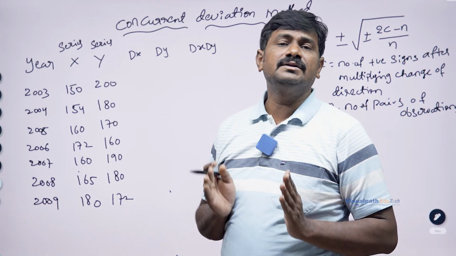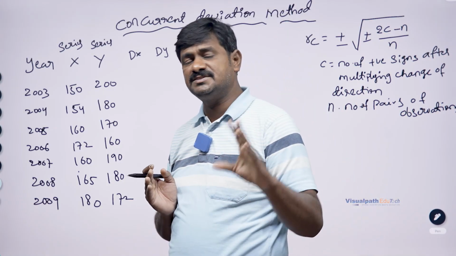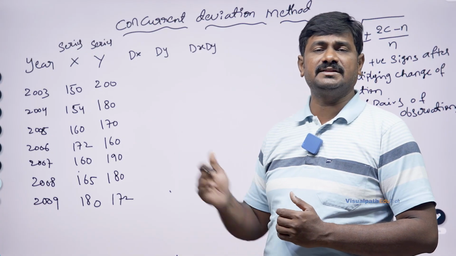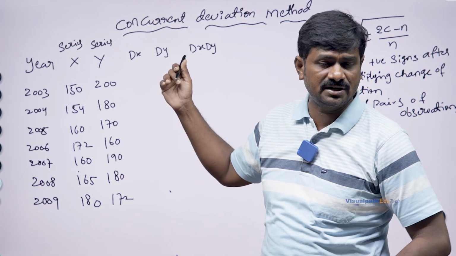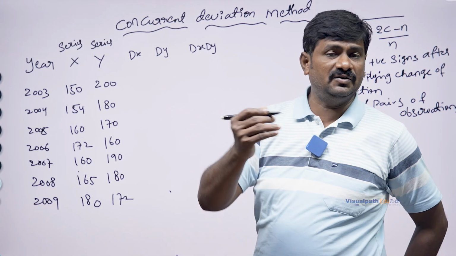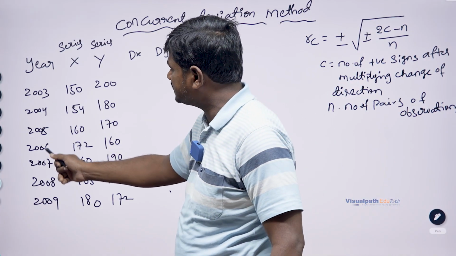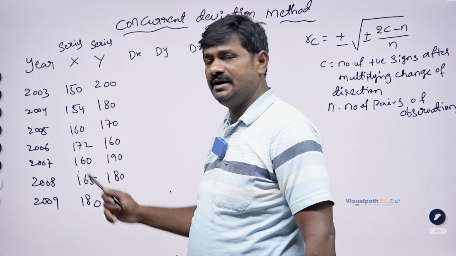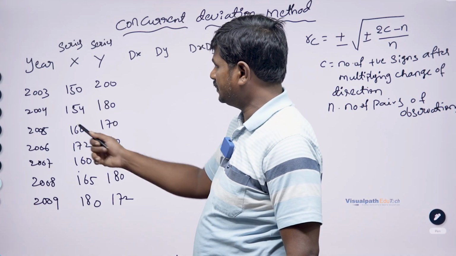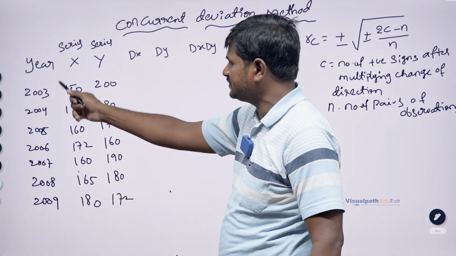We have to take that into consideration. From this formula, using the concurrent deviation method, we can give the correlation coefficient for this problem. Here we have 2003, 4, 5, 6, 7, 8, 9, so 1, 2, 3, 4, 5, 6, 7 years of data.